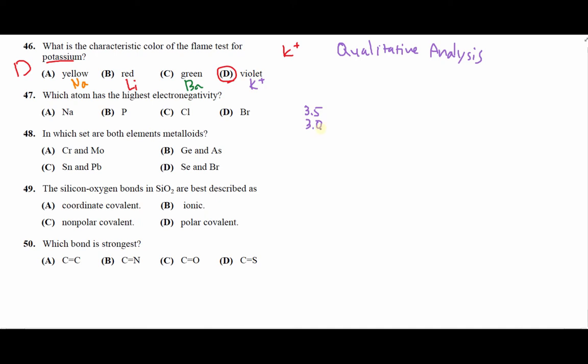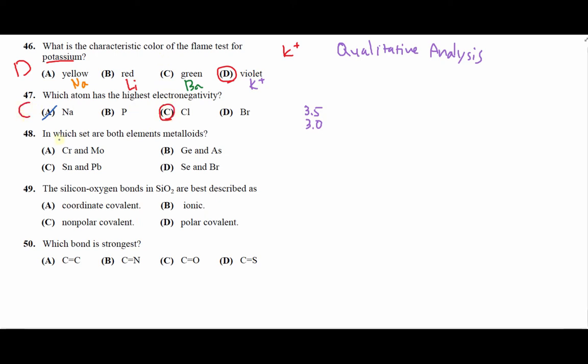It has 3.0, and definitely not the sodium ion. It has very poor electronegativity. In fact, it wants to give up its electrons to the neighboring atom. Phosphorus is still far away from fluorine, and bromine is also far away. So simply it's C.